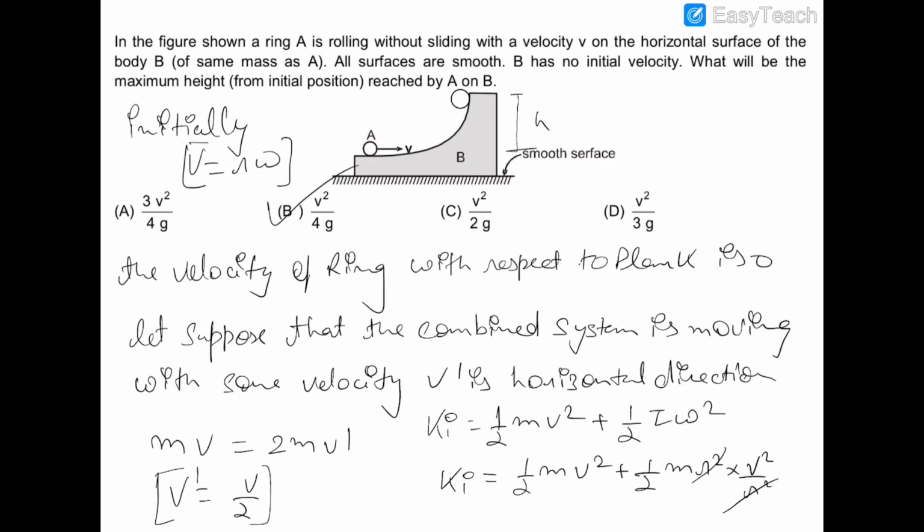So the correct option will be option number B. So now let's move on to the next question.